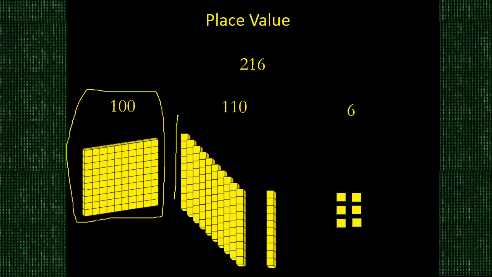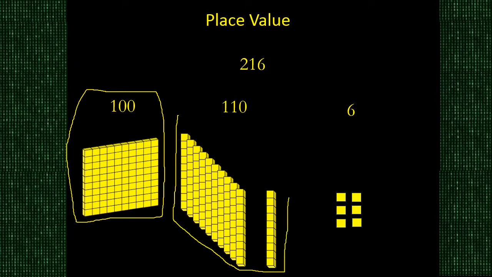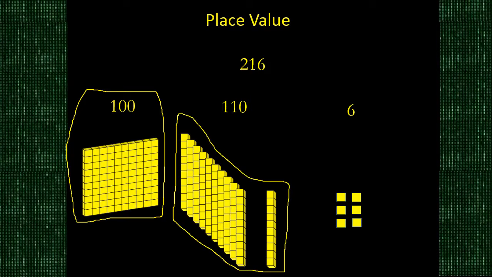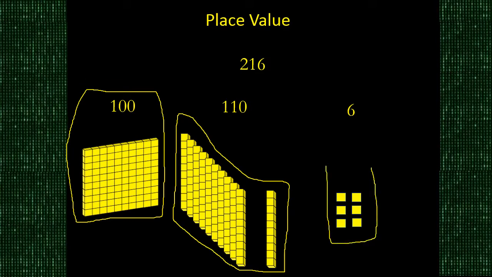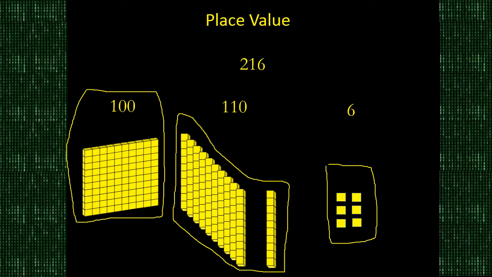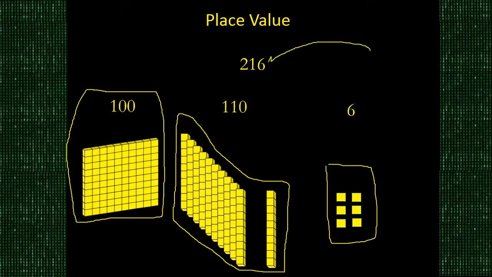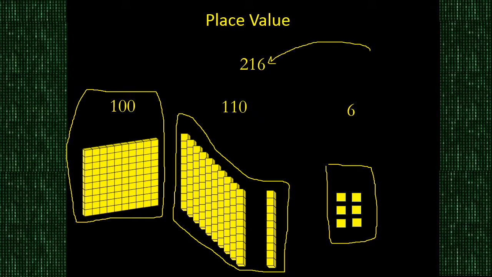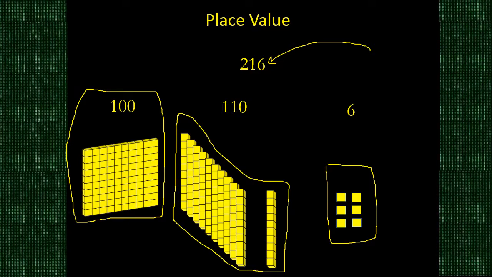And here I've got 10 plus 1 is 11 tens rods, and that makes 110. And I still have my 6 ones. Even though I've moved the blocks around, it still makes 216. So that's what we're talking about: showing the same numbers in a different way.